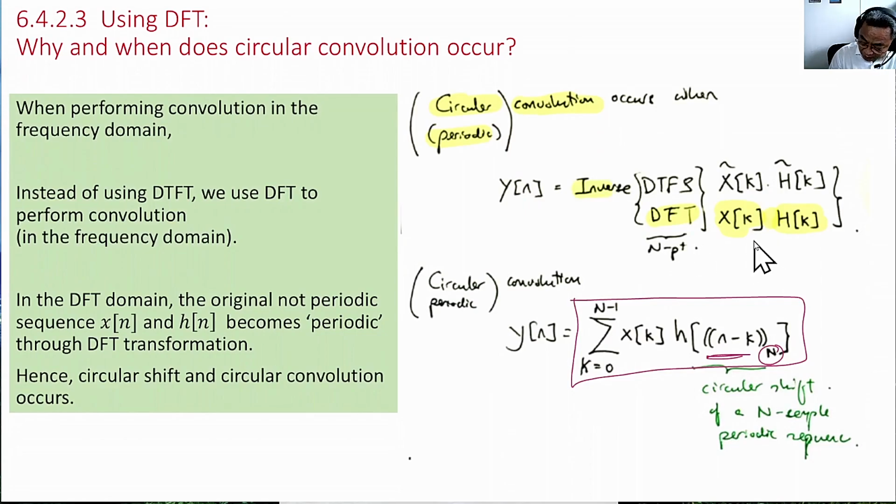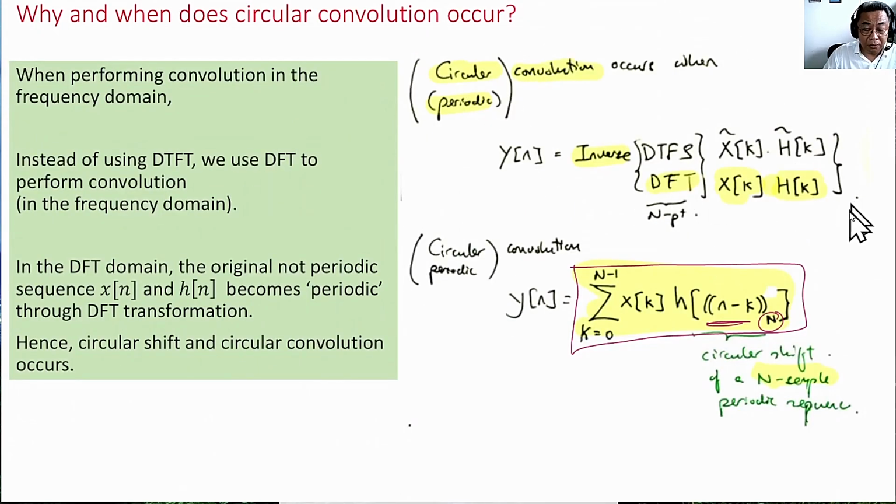And we perform inverse, we are getting this equation here. And the difference between this equation and our previous linear one is exactly only at this point. Our h now is being realized as a circular shifting of n samples, depending on how many samples we are taking the DFT of.